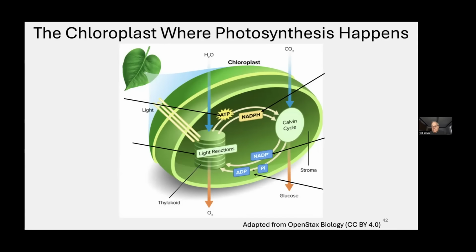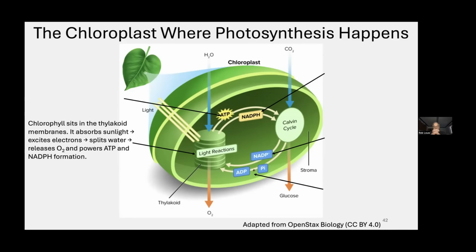photosynthesis. And as I mentioned in the anatomy slide earlier on, photosynthesis takes place inside the chloroplasts, which sit inside the plant cells. The chlorophyll itself, the compound I showed in the first reaction, the first slide, sits in the thylakoid cells.